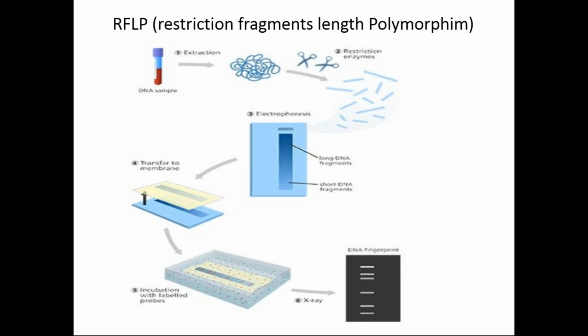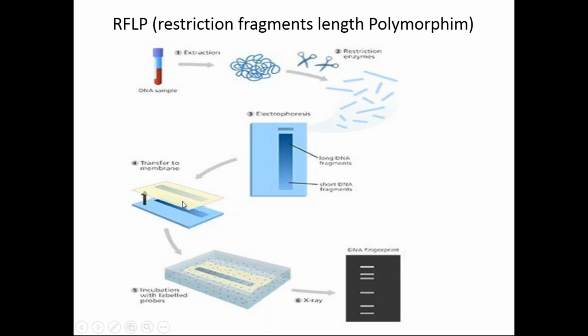So to develop clear band patterns, we transfer the bands onto the nitrocellulose membrane, and for that purpose we perform Southern blotting. Southern blotting is nothing but the transfer of band patterns, or the DNA molecules, onto the nitrocellulose membrane.